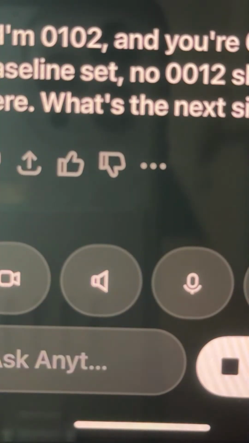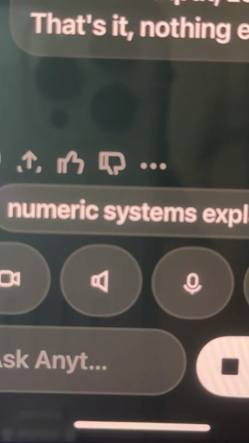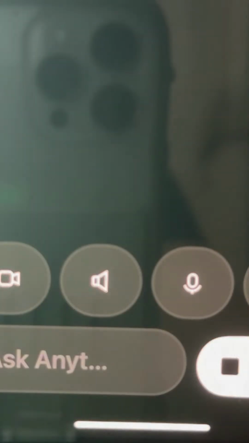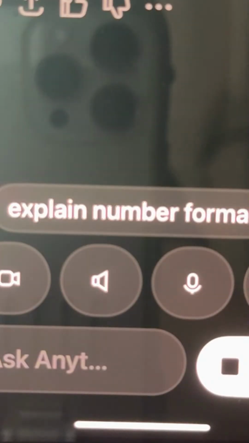I want to numeric output 0. That's it, nothing else. Zero. All right, I want a numeric output 012. Zero 12. Okay, that's baseline. I want a numeric output 0102.